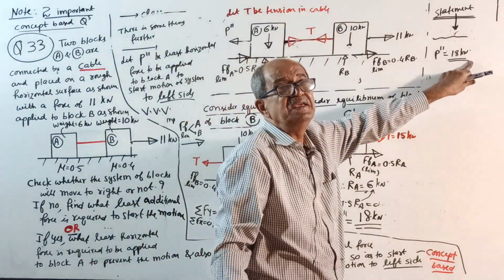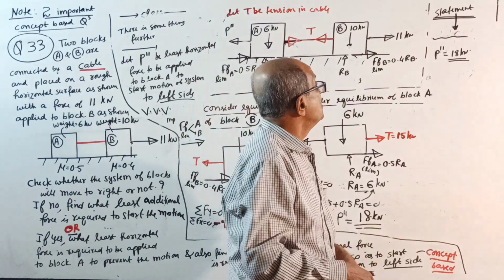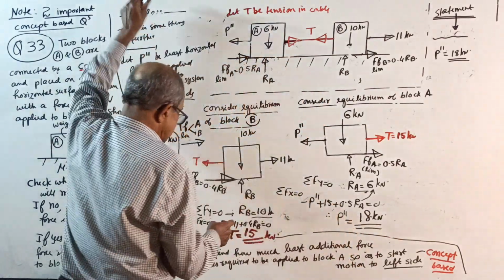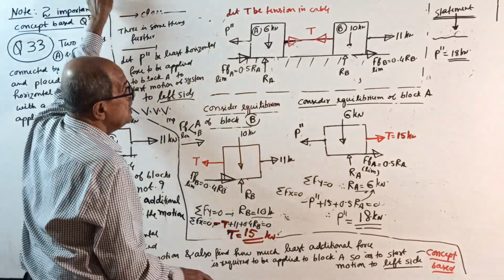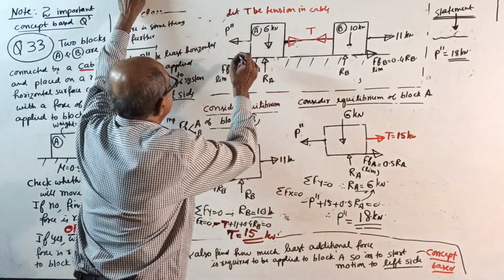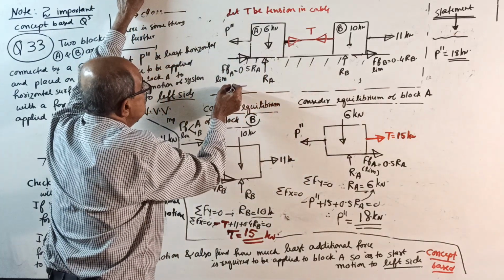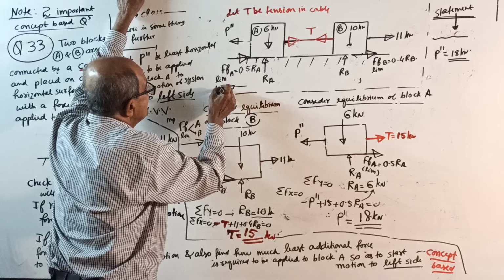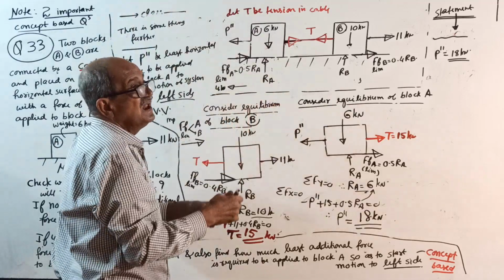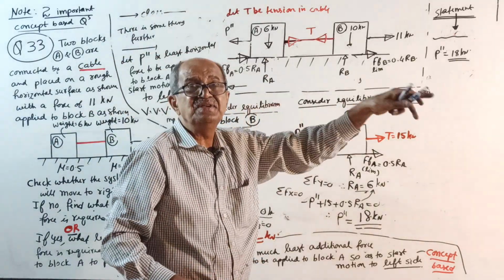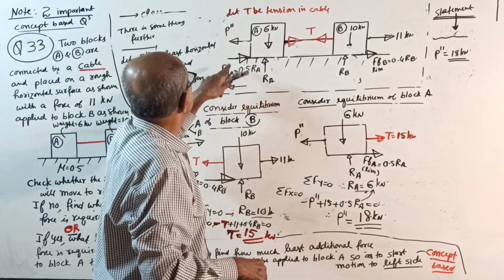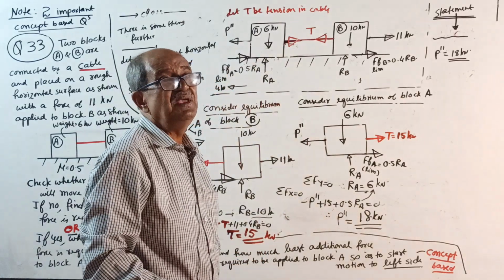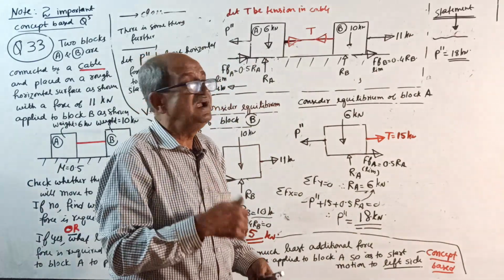Answer is 18 kilonewton. But the question is, first they want how much force is required to prevent the motion. To prevent the motion, you require 4 kilonewton. To prevent the motion to right side, we need 4 kilonewton. And when that 4 becomes 18 kilonewton, system is on the verge of moving to left side.